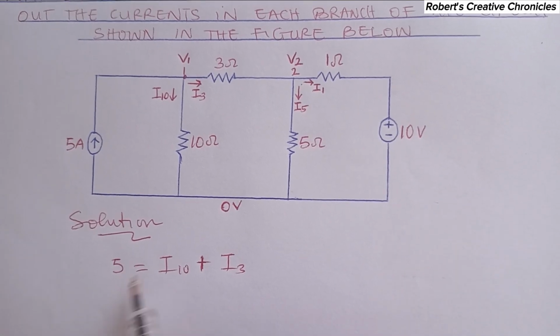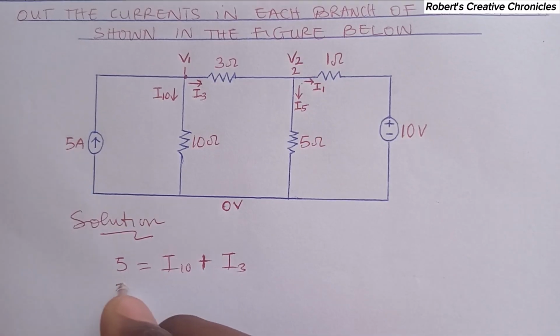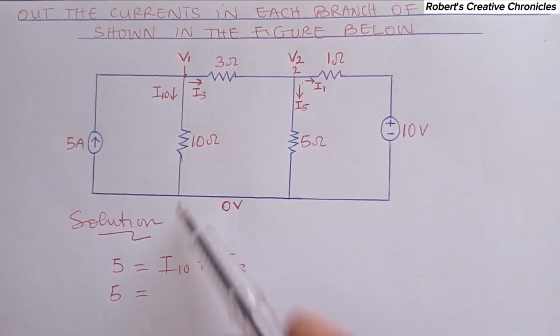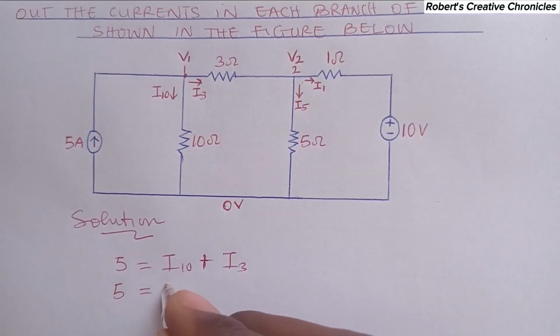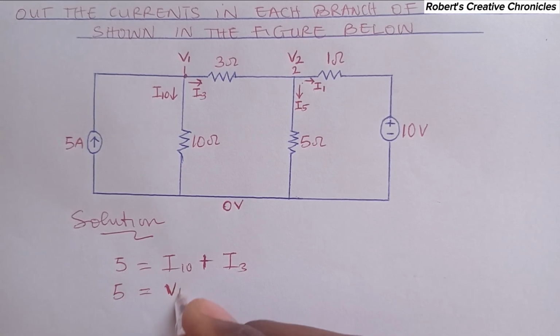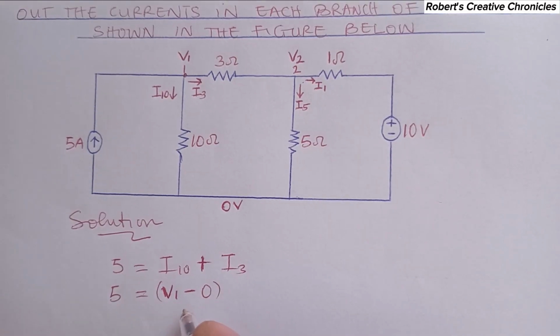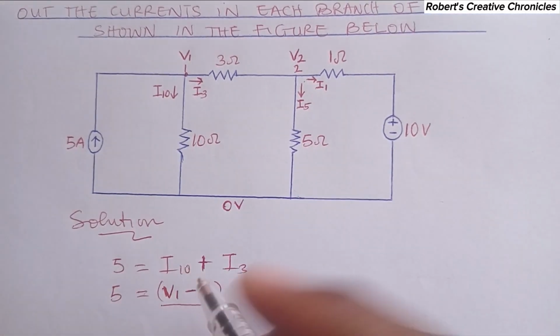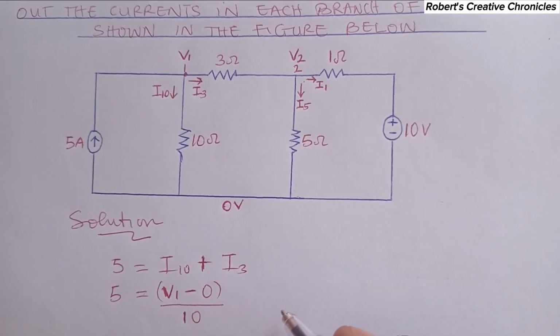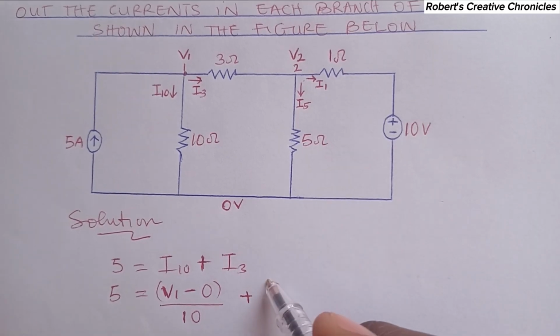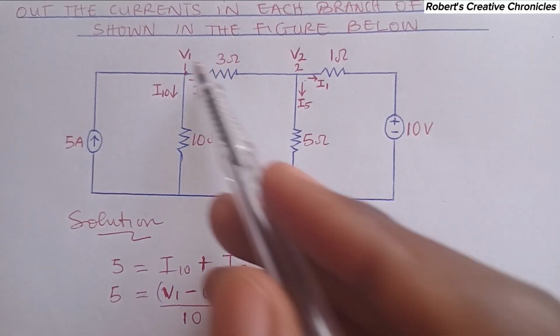So now let's apply Ohm's law. If you apply Ohm's law, 5 is equal to I10, which is what? It is V1 minus 0 over 10, which is the resistance, plus I3.